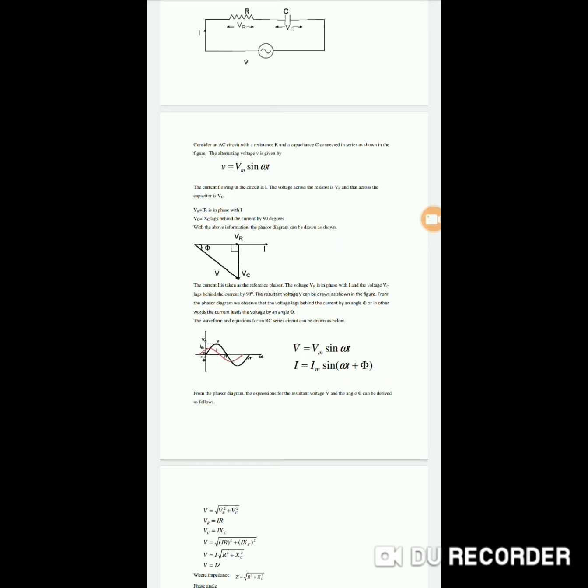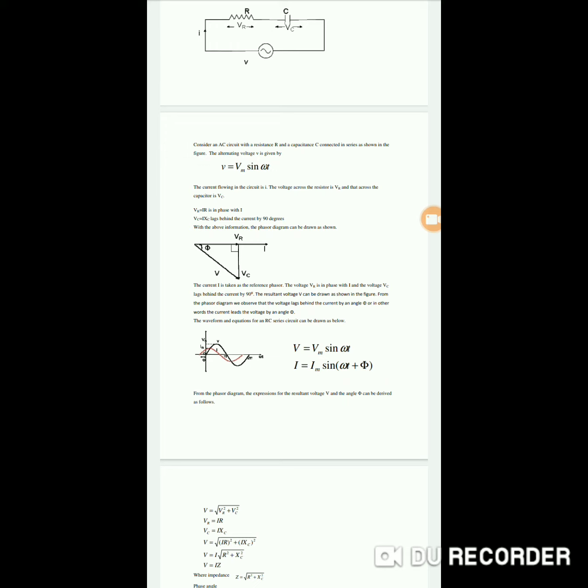The current flowing in the circuit is I, and the voltage across the resistance is VR and across the capacitance is VC.